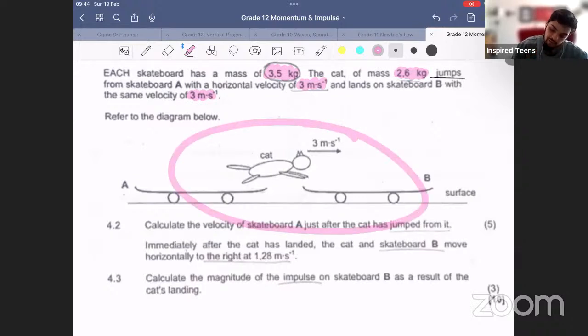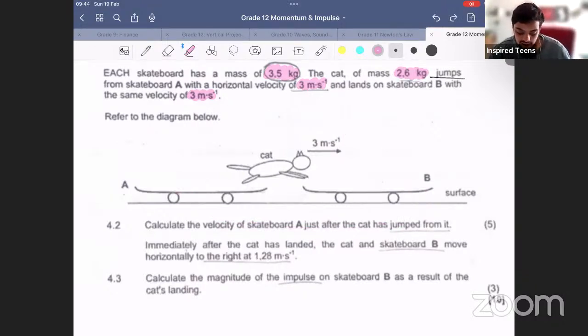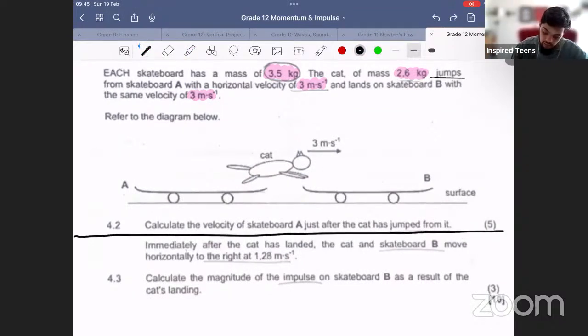Okay, we have a cat jumping from one skateboard to another. Calculate the velocity of skateboard A just after the cat has jumped from it, immediately after the cat has landed. Okay, so by the way, this immediately after the cat has landed, that's for the next question. Okay, so that's to do with 4.3.